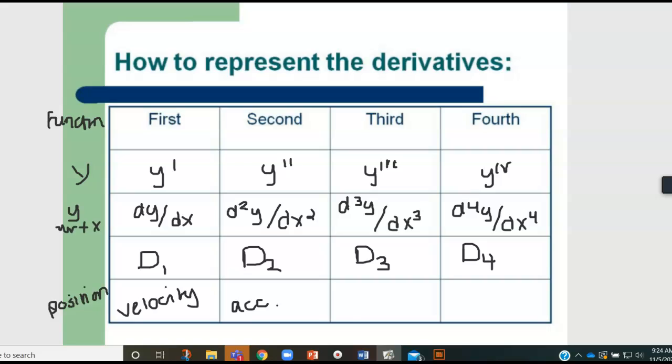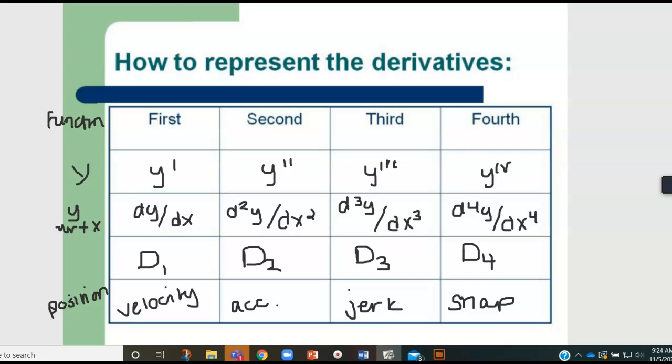The derivative of acceleration is the jerk. So if you think about something accelerating and then you kind of changing that acceleration, the object would jerk, like getting hit by another car. You get your whiplash. That's sort of that third derivative equation. And then the derivative of a jerk is a snap.